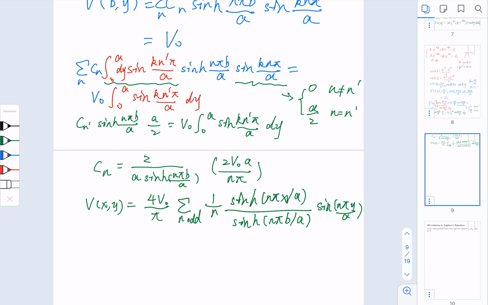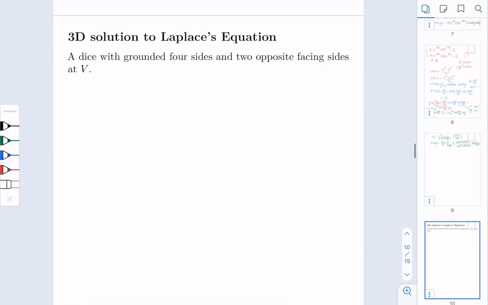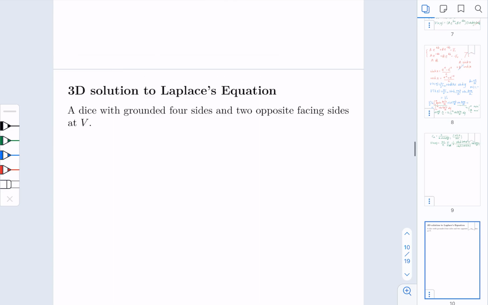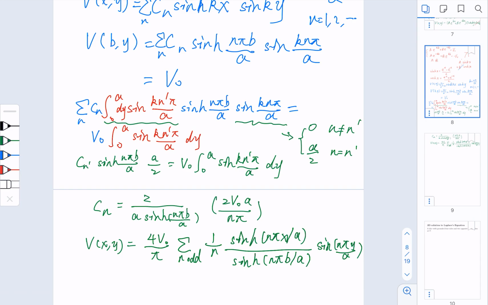So this is all for these examples in 2D Cartesian coordinates, and next we will go to 3D. Do you have any questions regarding the 2D separation of variables?